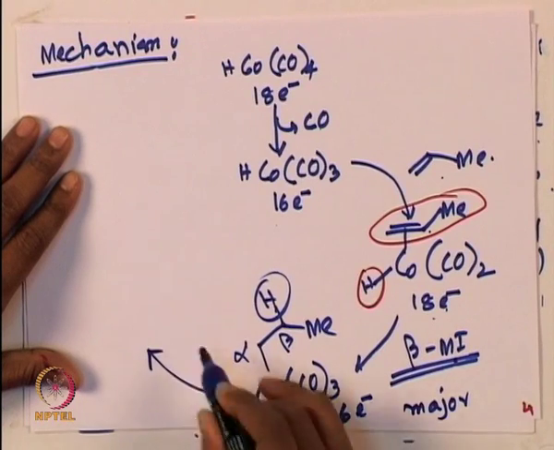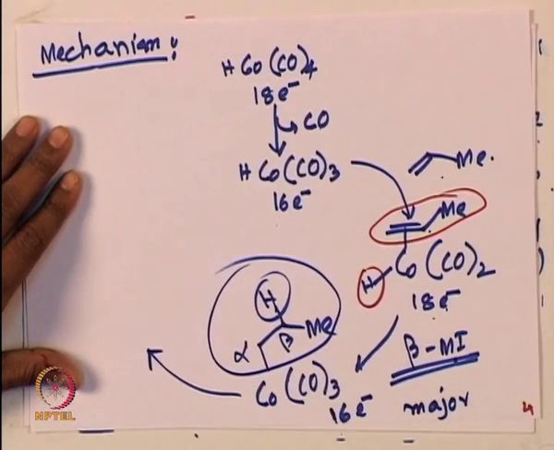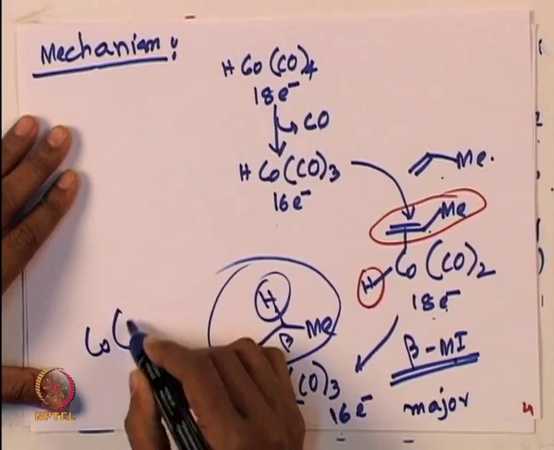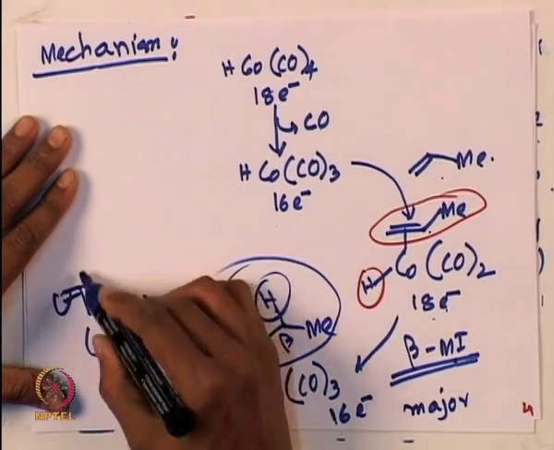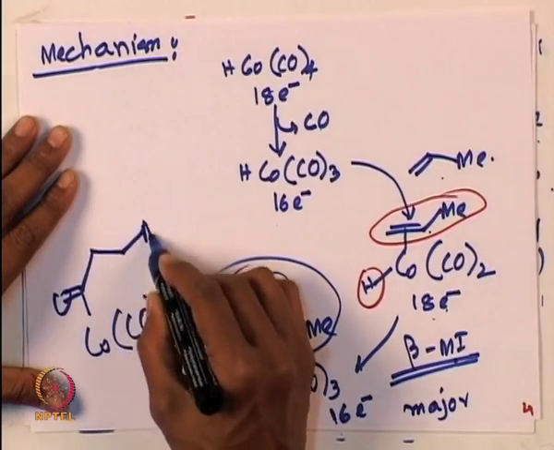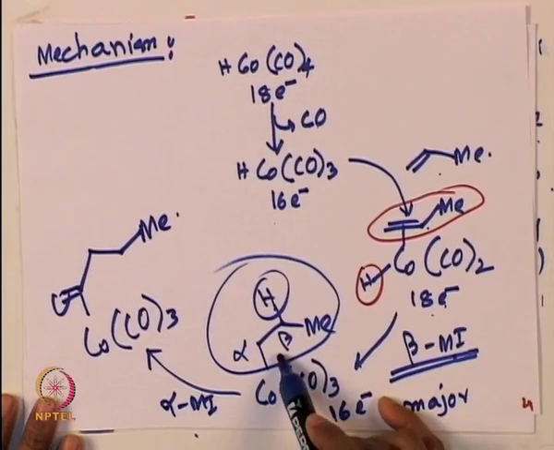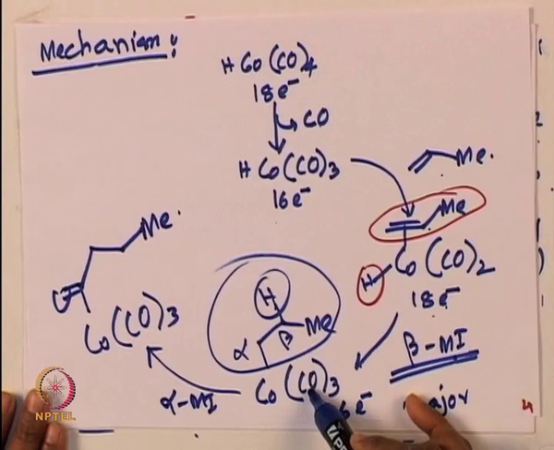And from there on you can see the alpha migratory insertion. So the whole alkyl group now will migrate into the carbon monoxide. So alpha migratory insertion will give you the cobalt carbonyl acyl intermediate. This whole alkyl group has transferred to one of the carbon monoxides.